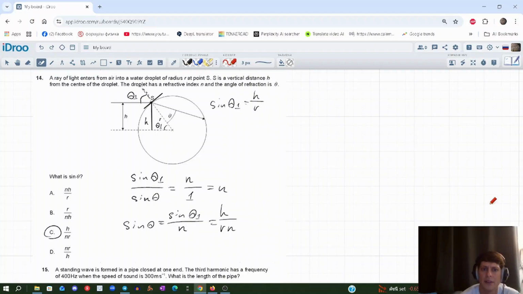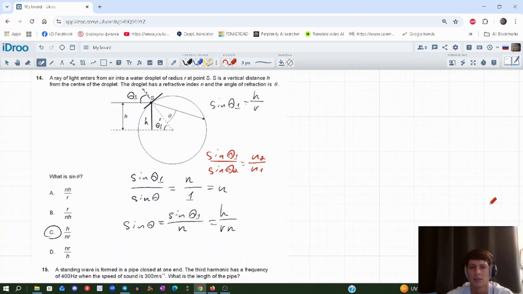We know that sine of theta 1 divided by sine of theta 2 equals n2 over n1. And 2 and 1, what the index is?